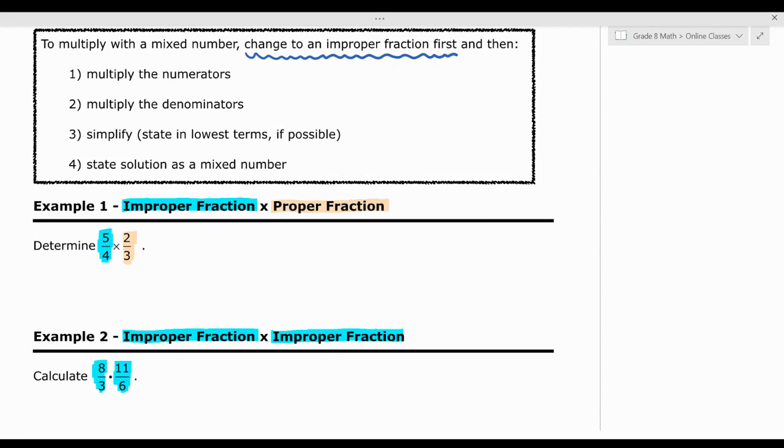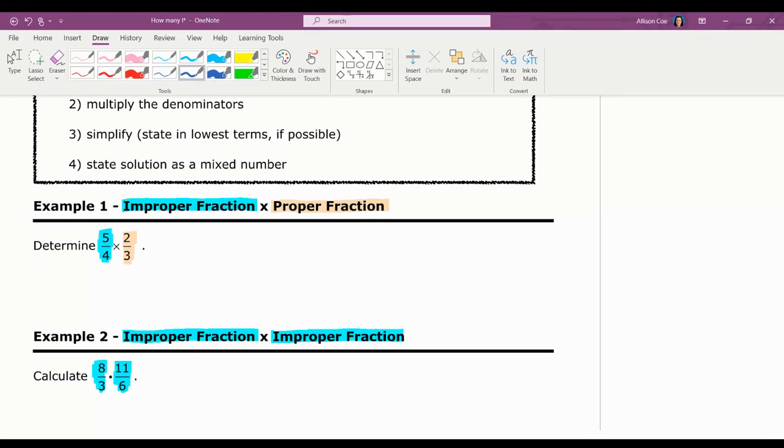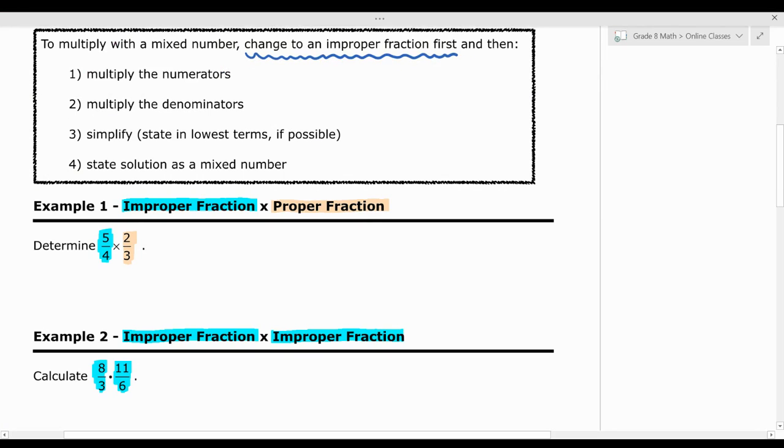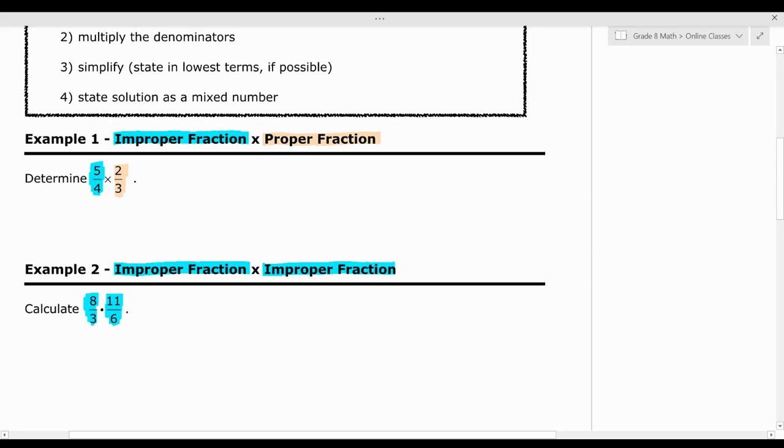We're going to look at improper fraction multiplied by a proper fraction. I've already identified them: the blue is the improper, and I'm not sure what color this will come up as on your screen, but it's a really light orange. So this 5/4 is improper, the 2/3 is a proper fraction. I'll follow the strategy we looked at in the first lesson, and go top times top, and then bottom times bottom.